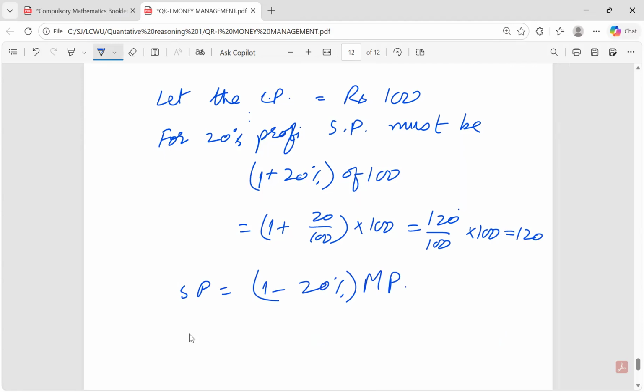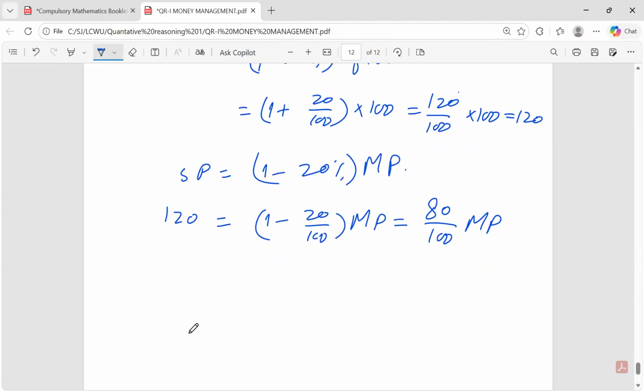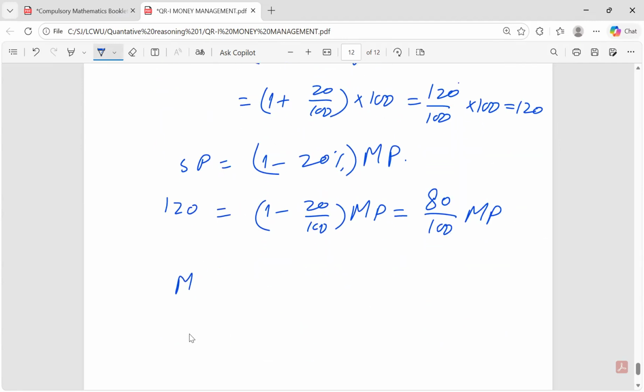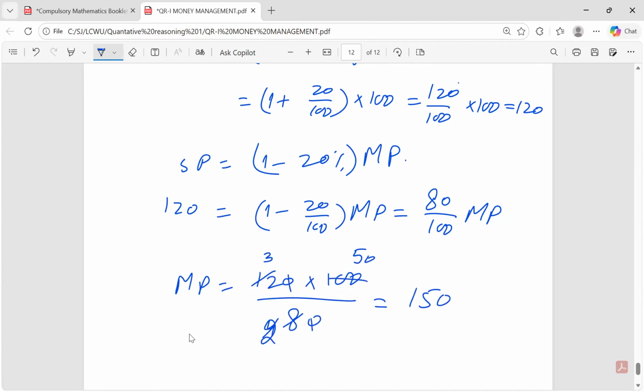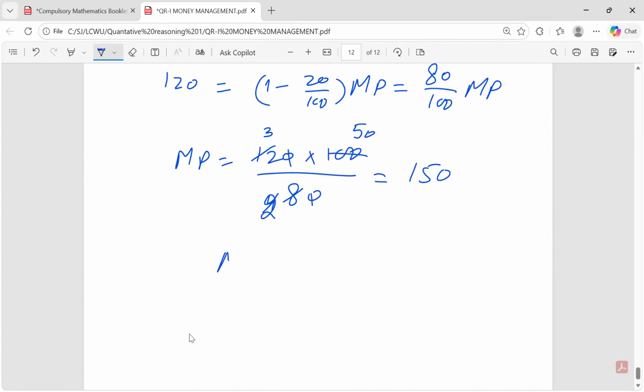It means that the sale price 120 is equal to 1 minus 20 by 100 of the mark price, so this is equal to 80 by 100 of the mark price. It means that the mark price is equal to 120 multiplied by 100 divided by 80, and this is 150 rupees. So your mark price is 150 rupees.